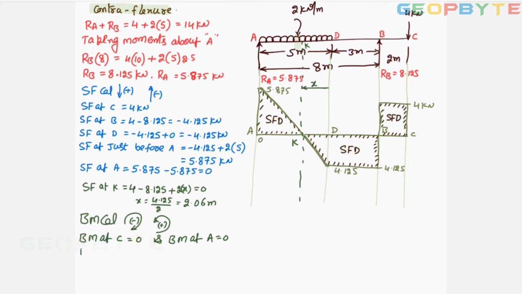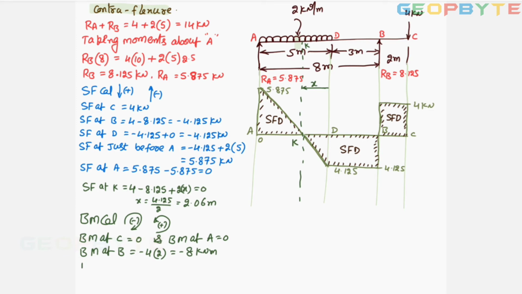Next, BM at B equals minus 4 into 2, because it is developing the clockwise moment, negative. It is equal to minus 8 kilonewton meter.